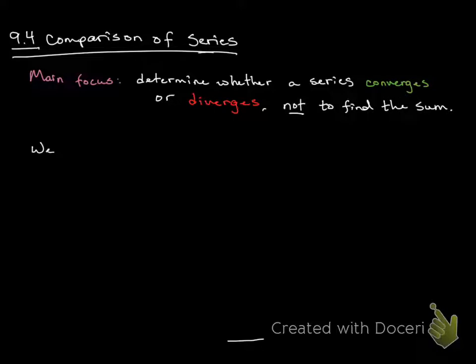So far, we're able to determine when a telescoping or geometric series converges or diverges, and then we were actually able to find the sum. We saw in the last section the integral test, and that test wasn't as specific. It just told us whether or not the integral and the series we were working with converged or diverged.